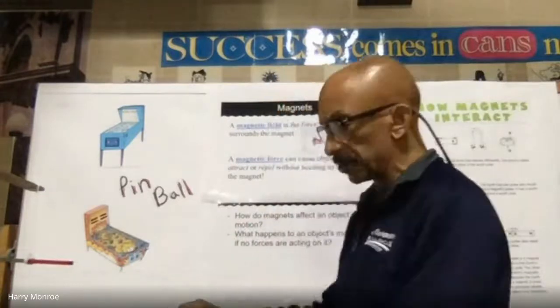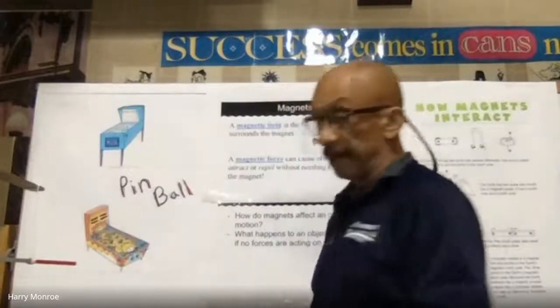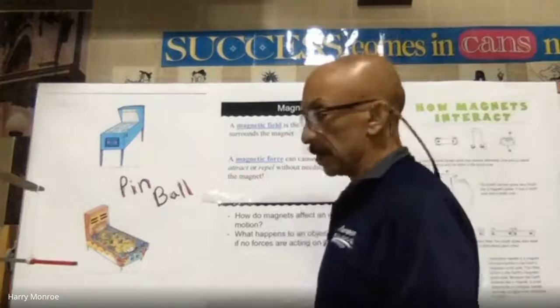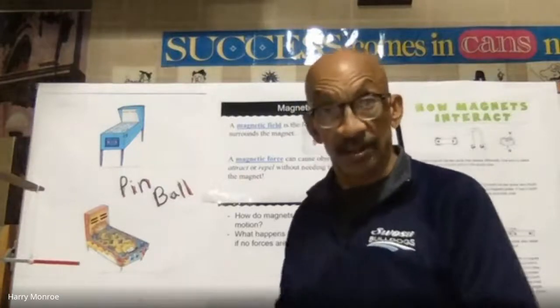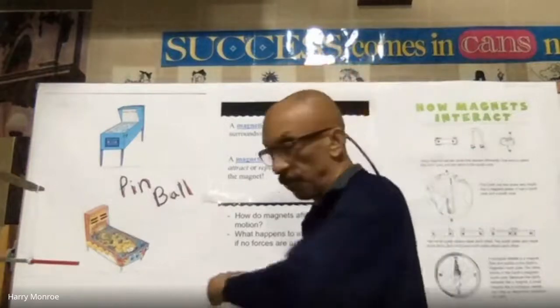And there were flippers that you could flip, so if you hit the ball, it would go back up. And sometimes I wondered what in the world was going on with that, because sometimes that ball did things on its own. I mean, without me flipping it, it would change direction on me real quick.